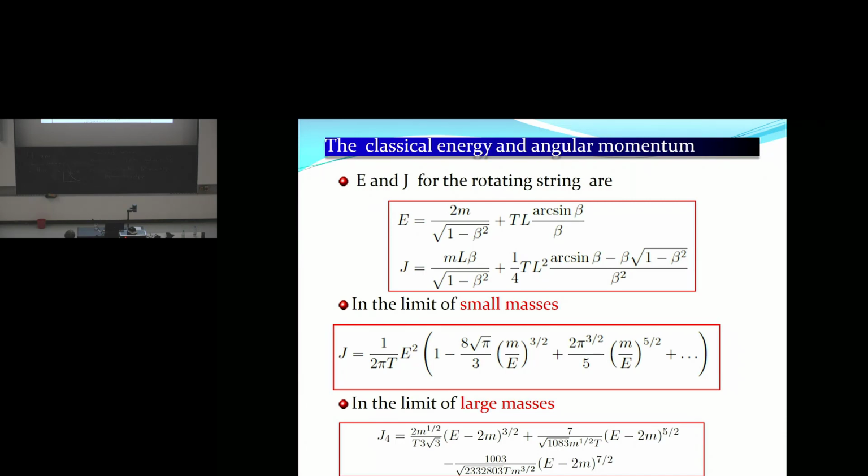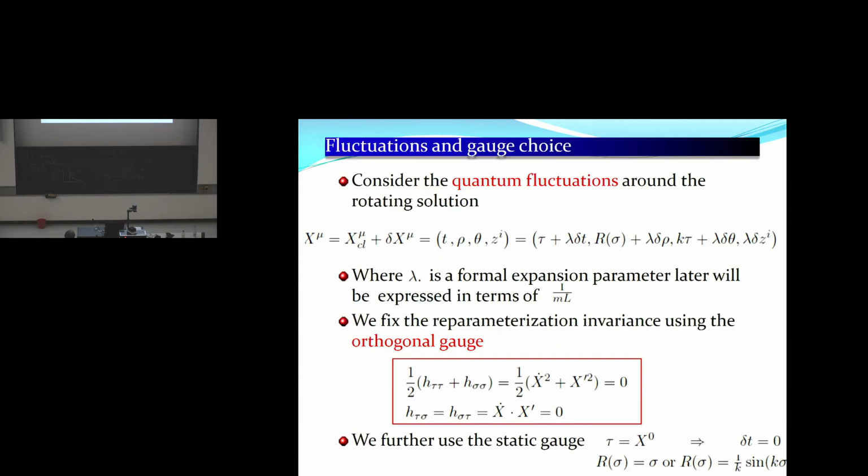Now, how do you quantize it? You have to introduce fluctuations both in the transverse direction to the plane and the planar fluctuations. And there are also fluctuations which relate to the fact that we are doing a non-critical string. So we have to introduce also the Liouville or the Polchinski-Strominger fluctuations. And it's a painful process.